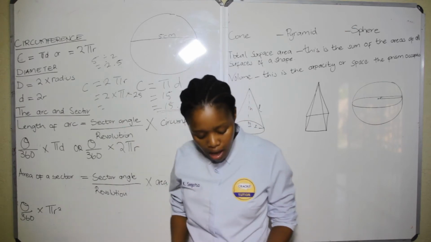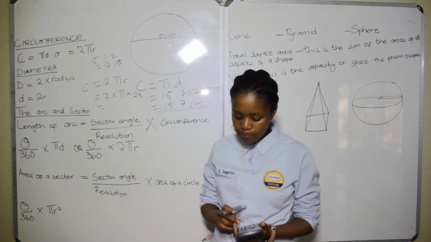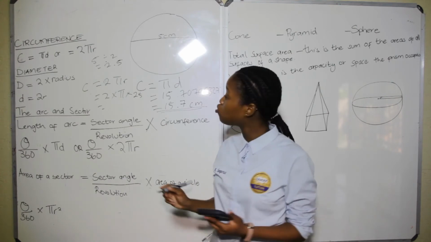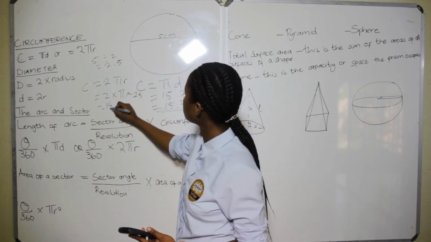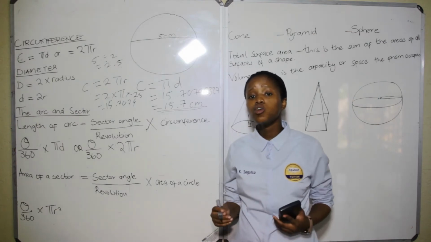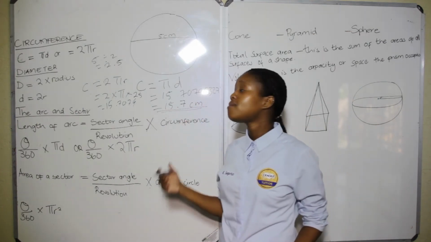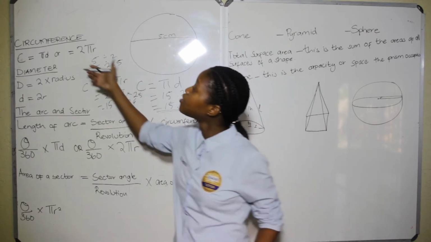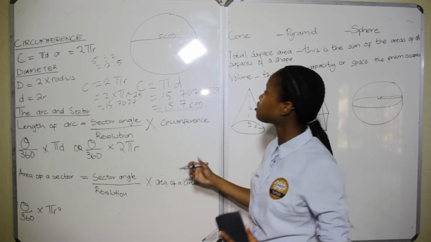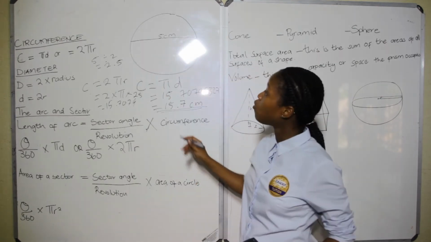When you come to your calculator, you press 2 multiplied by pi multiplied by 2.5, which is going to still give you 15.7079. This is to show you that both formulas give you the same answer. We alternatively gave you the radius one to show you that not all questions are going to come giving you the diameter only.